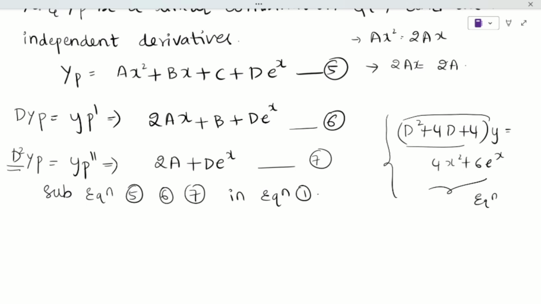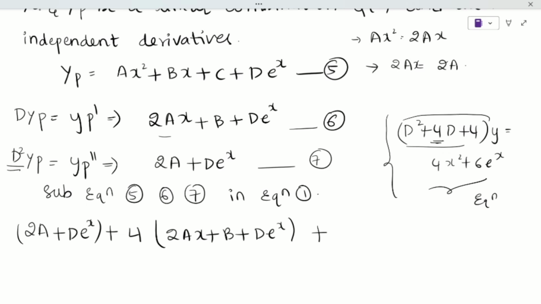Now first thing in the question, it is D square. D square means (2a plus d e power x), the equation 7 I am taking. Plus I am taking 4 as common and replacing the value of D, (2ax plus b plus d e power x), that is yp dash of equation 6.